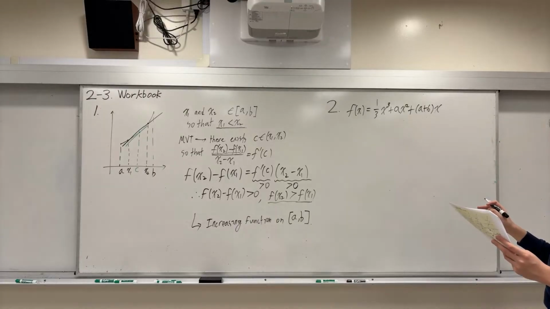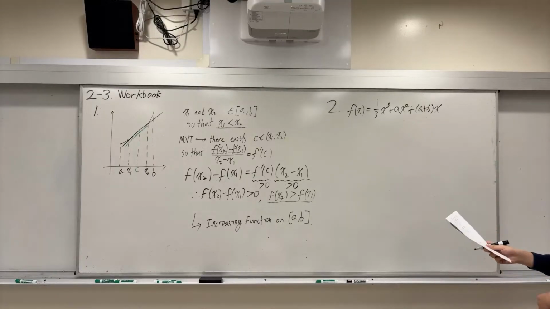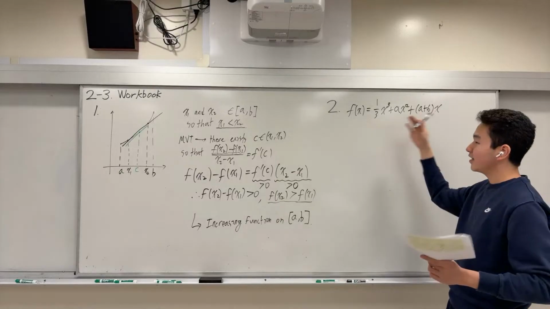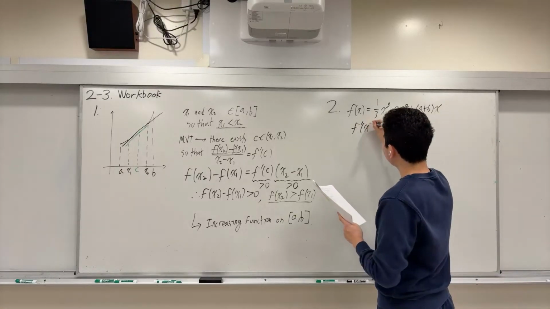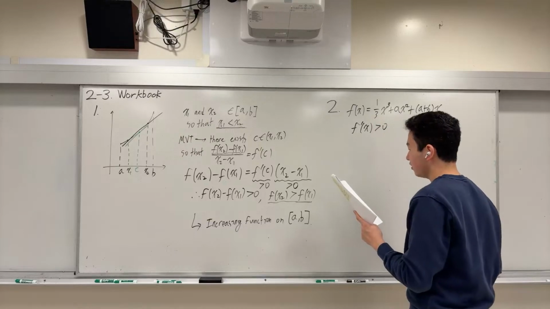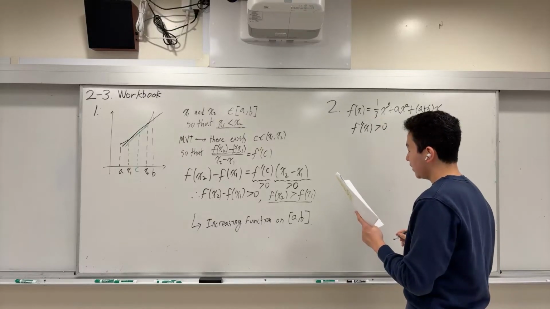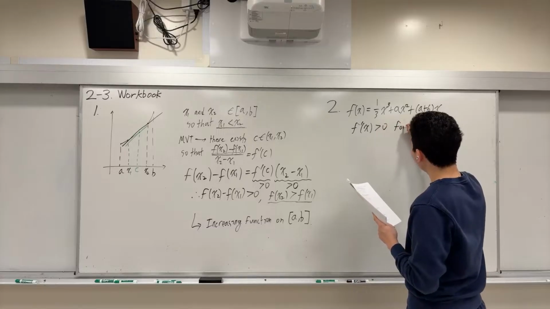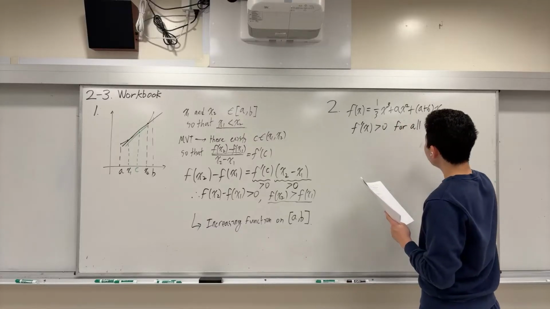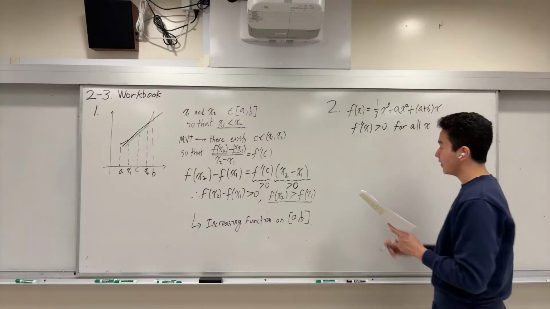So that means that when a function is increasing, and this is completely differentiable and continuous, f prime of x must be greater than 0. So we need to solve this inequality. It says on the set of all real numbers, so this has to be true for all x. So first we need to find the derivative.